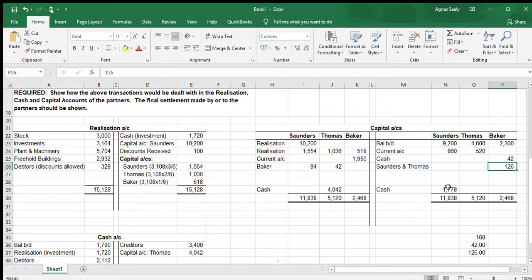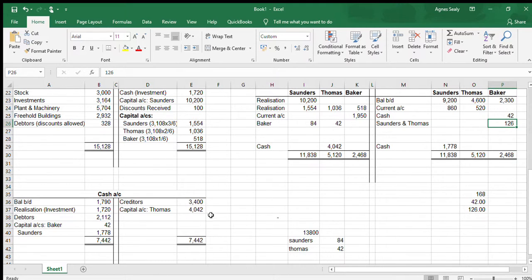And then we have determined that Saunders now has to also pay into the cash account of the business $1,778, which will help close that cash account, whereas Thomas will receive $4,042, which would bring that account to a close.